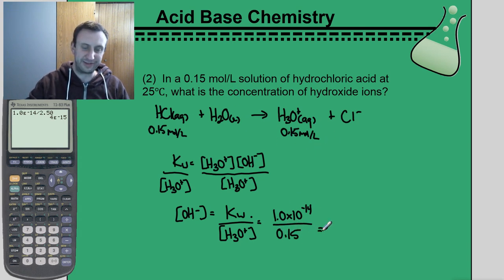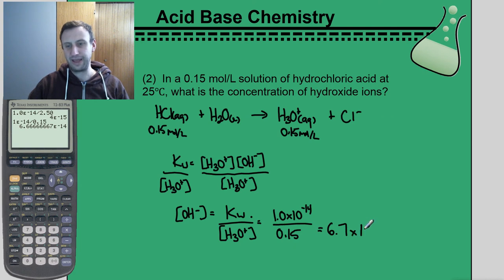Again, I'm going to leave units out of it for this work because I'm in an equilibrium expression. So 1, second E, negative 14, because that is my Kw value, divided by 0.15 gets me a value of 6.666666 forever. So we're going to put down 6.7 times 10 to the negative 14 moles per liter.